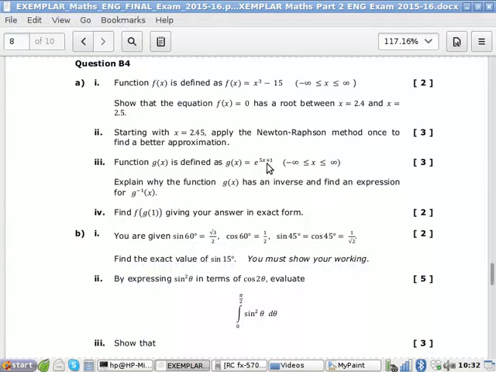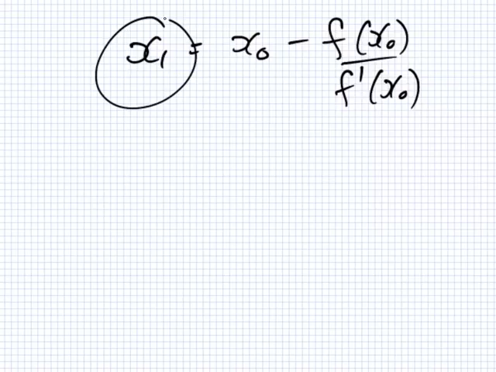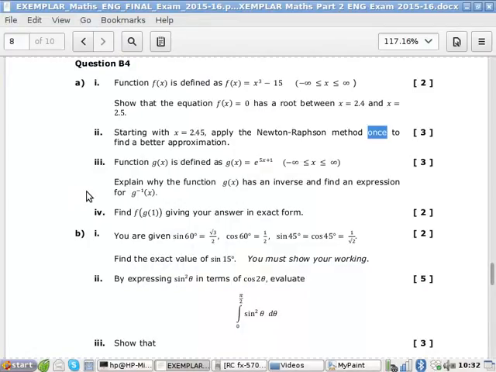Okay, so they tell you to start at 2.45 and they want you to use the rule once. So they want just once. Okay. So the x0 is 2.45. The f(x) is x cubed minus 15, over 3x squared.